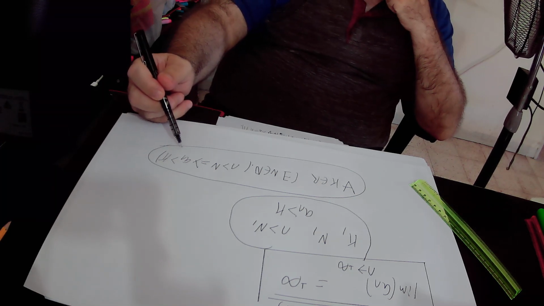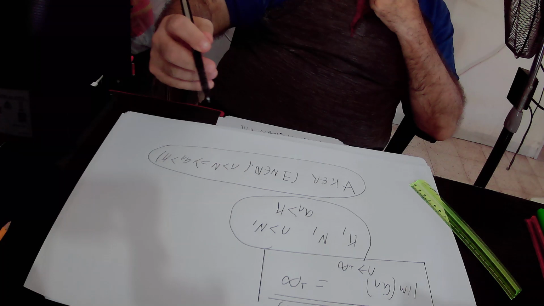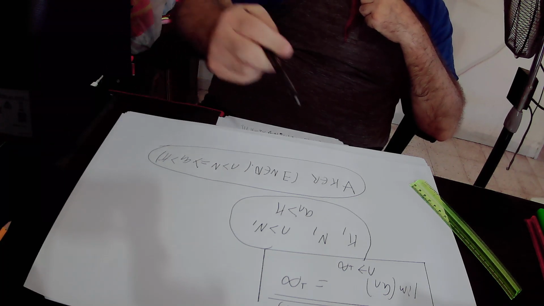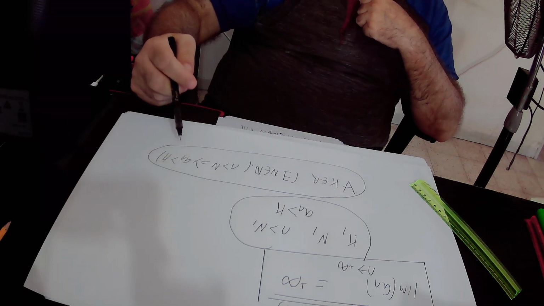In other words, from the index n onwards, all the terms of sequence an are greater than k.